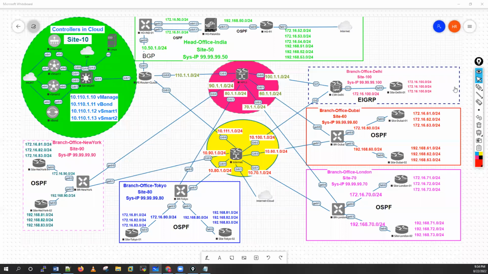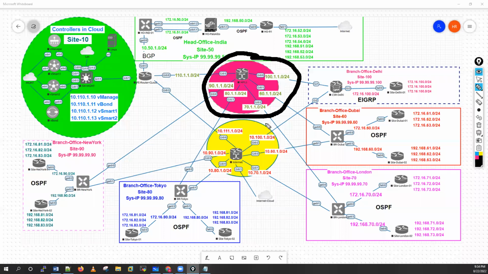So guys, if you see in this topology, this is your MPLS router, guys. Let me use black color here. This one is your MPLS environment, so I will create this as an MPLS environment.